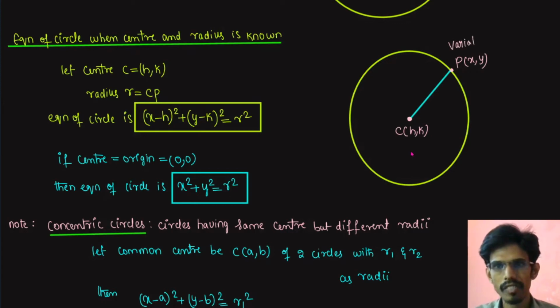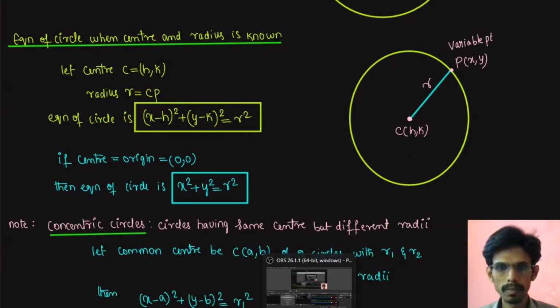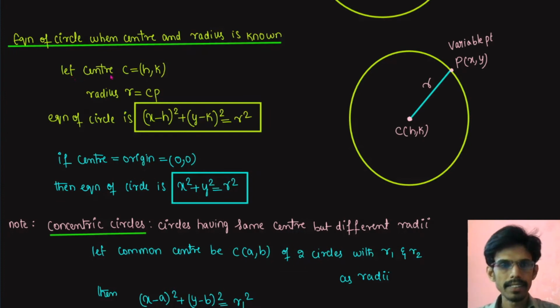This is a variable point on the periphery of the circle. Now the distance between center and this variable point is known as radius. Now by using the distance formula, let center be h comma k and radius r is CP. CP is nothing but the distance between point C and point P, which will be the radius.